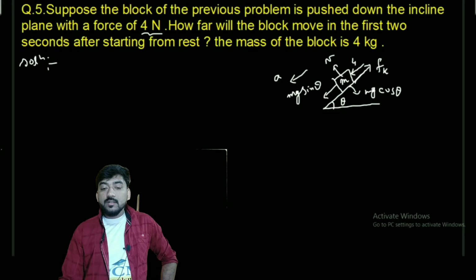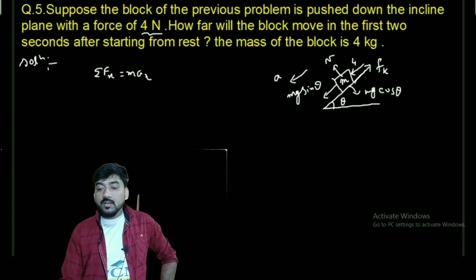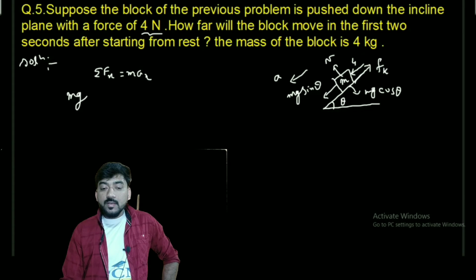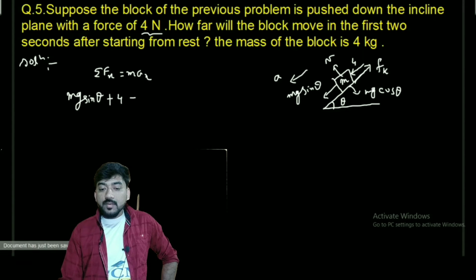Along this direction, Newton's second law gives summation Fx equals max. Summation Fx is mg sin theta plus 4, minus fk, equals ma.